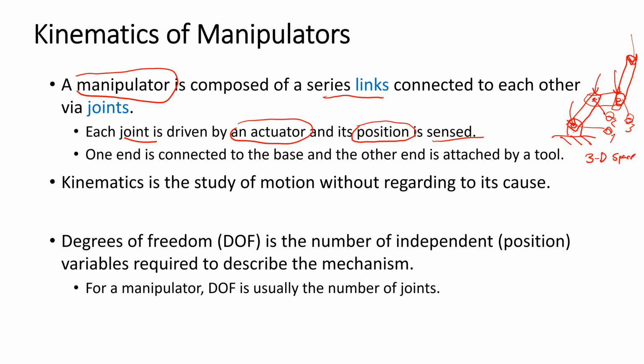For the industrial robot, in general, the base frame is connected to a stable surface and doesn't move. On the other end of the robot, we usually attach a tool or a kind of gripper to the endpoint, to manipulate the object or handle the task that we apply the robot to.